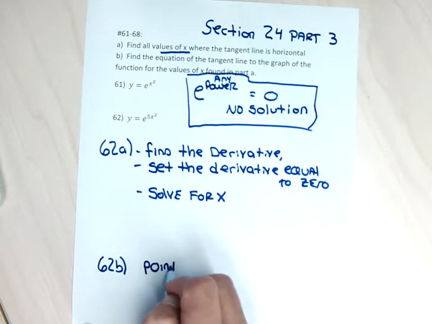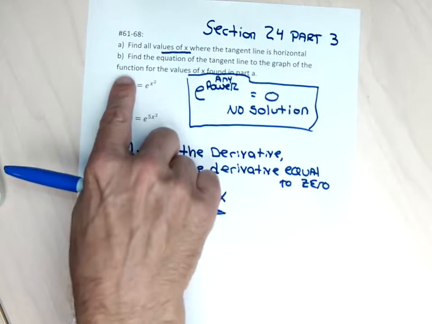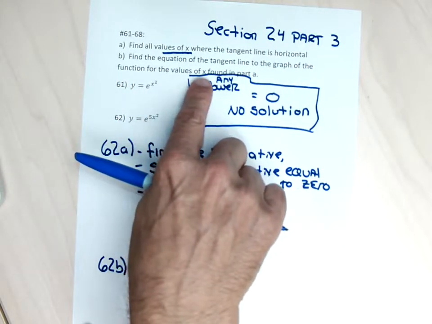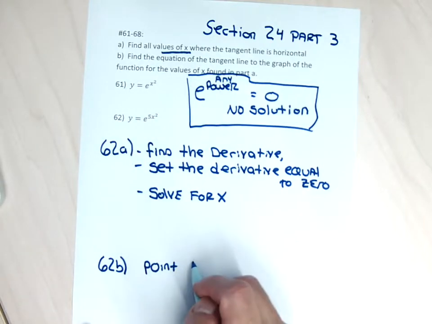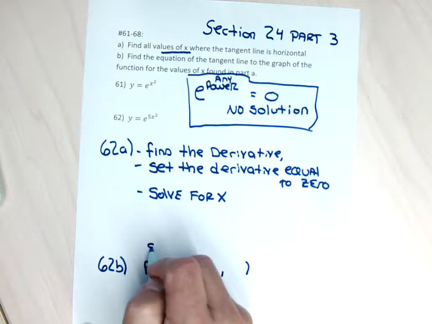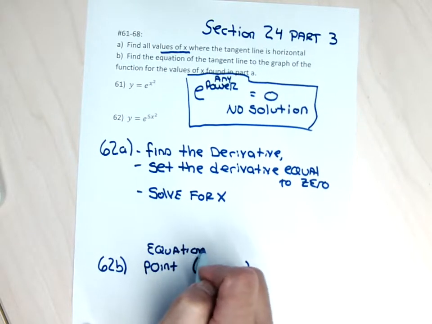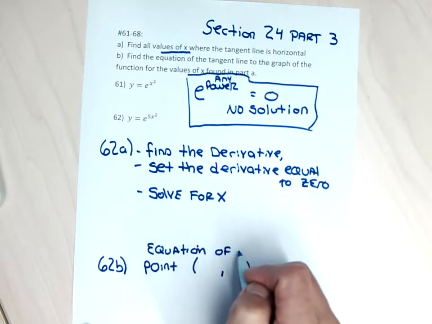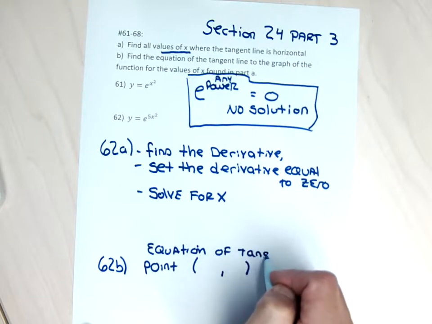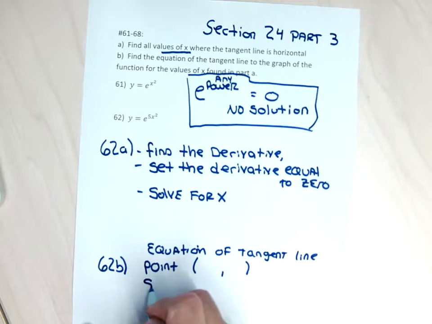And when I move on to part B, it wants me to find an equation of a tangent line for any values of x found in part A. And in order to do part B, to find an equation of a tangent line, I need a point and a slope.